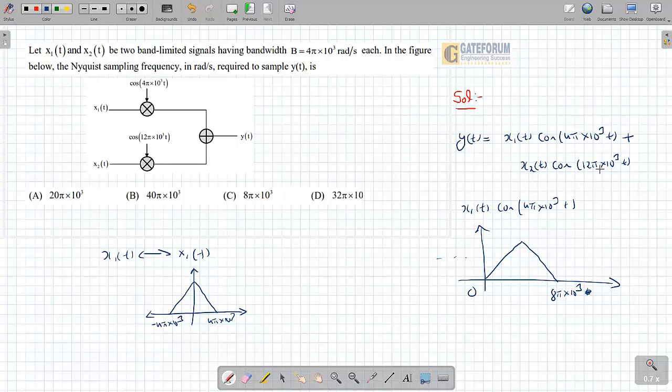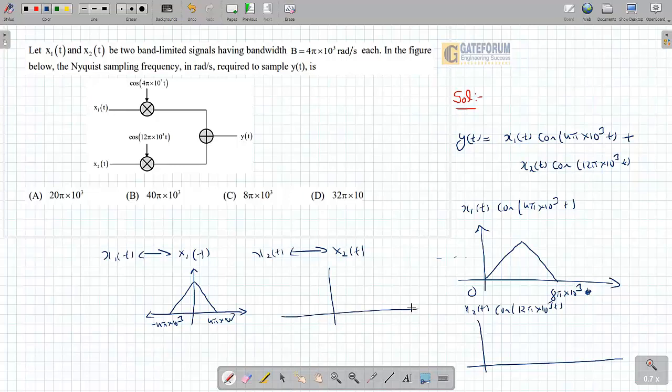Similarly, x2(t) cos 12π×10^3 t will have a spectrum like this. Let's say the spectrum of x2(t) is something like this, from minus 4π×10^3 to 4π×10^3, forget about f versus omega, that is a simplification.